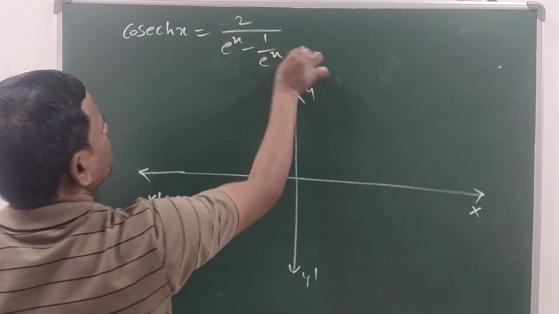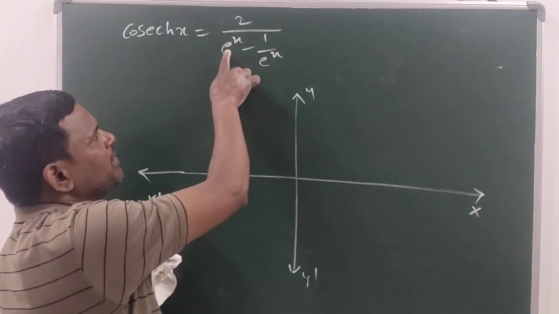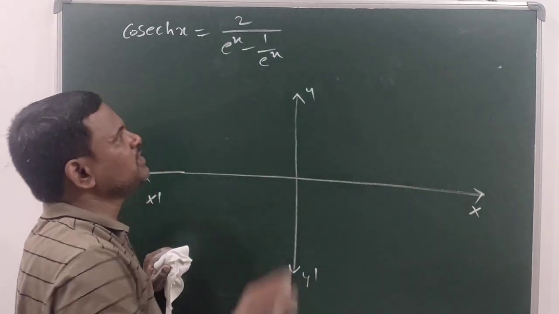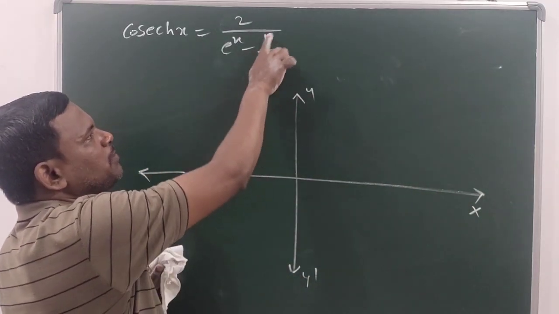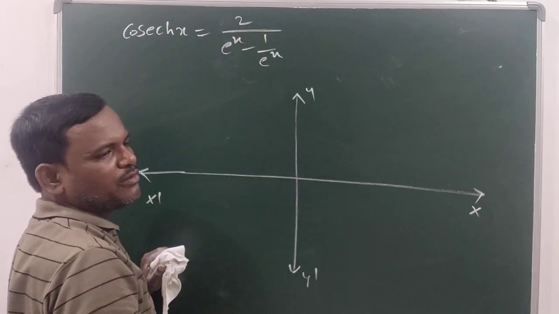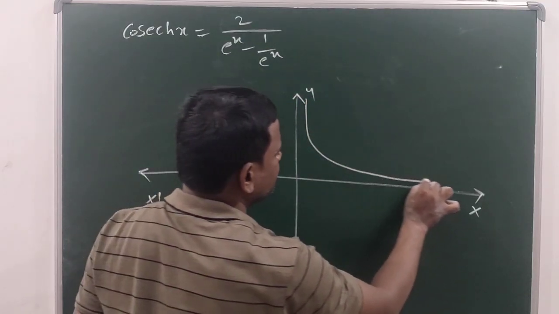One by e power x. Students, tell me, how do we get? If you keep on increasing x values, suppose if you assign x equal to a very big value, this part becomes 0, you know. Here 2 by a very big value approaches 0. See, you get the graph like this.